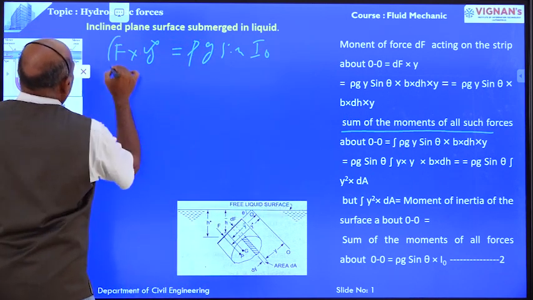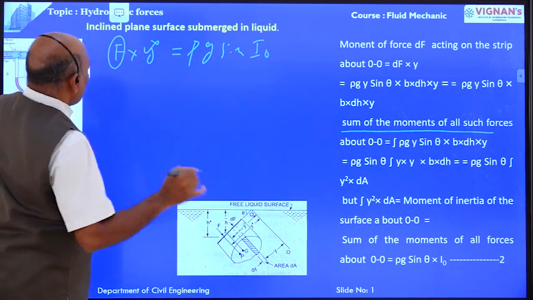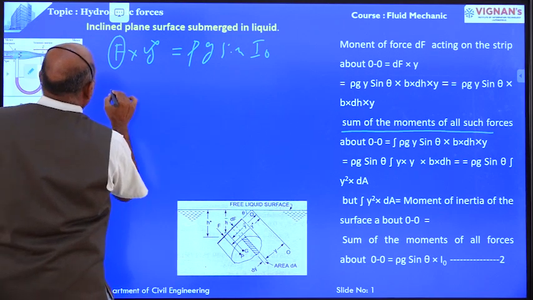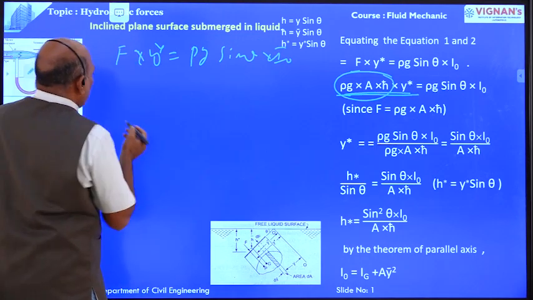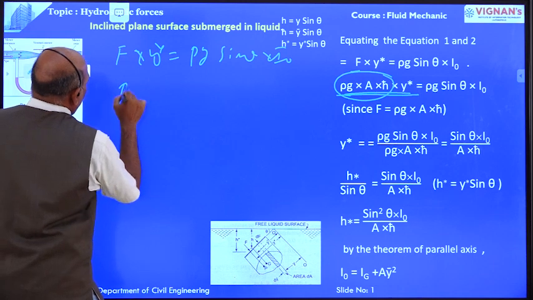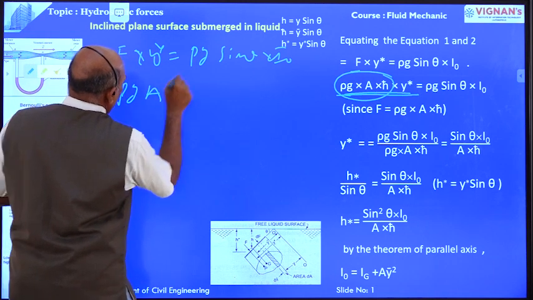We have already determined the total force F equal to rho g a y bar.